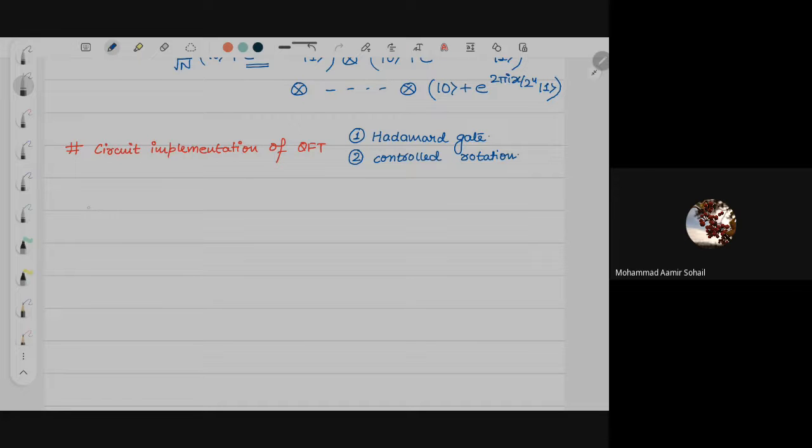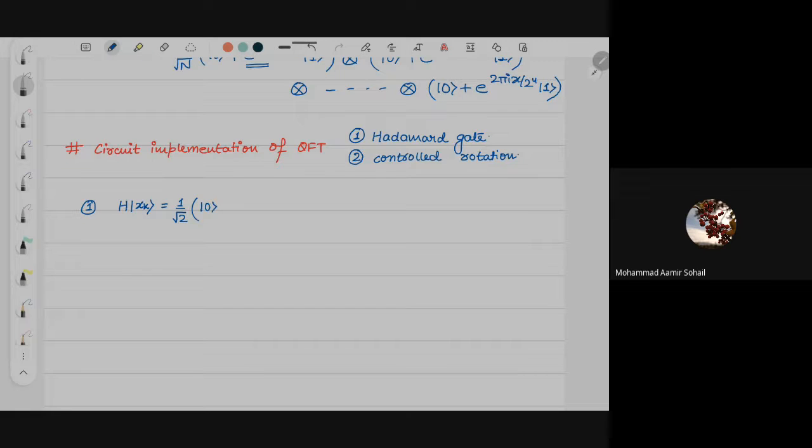So let's start with the action of the Hadamard gate on the state xk. So we have H acting on xk, which is nothing but 1 by root 2. xk is the binary 0 or 1.